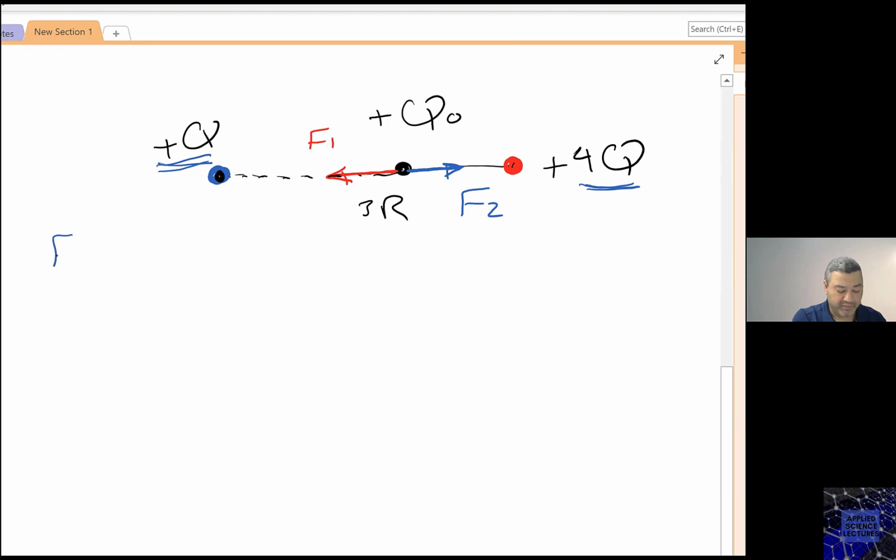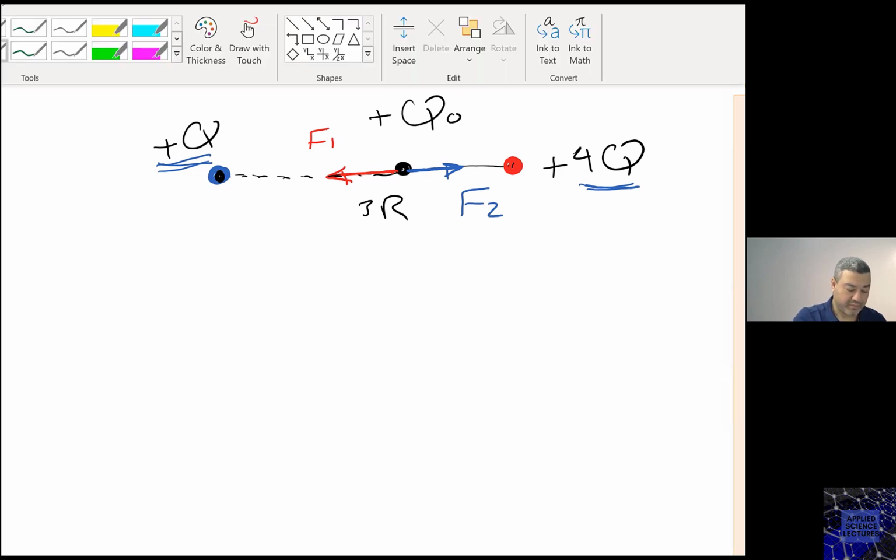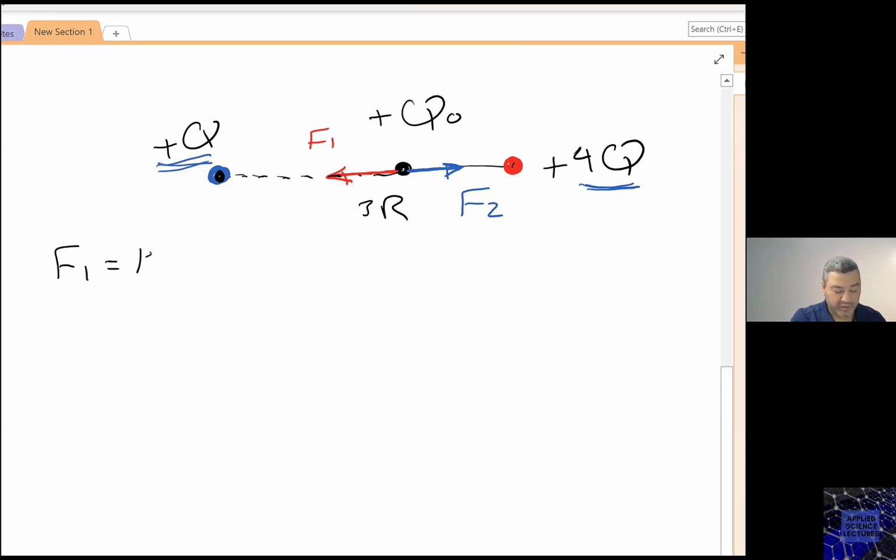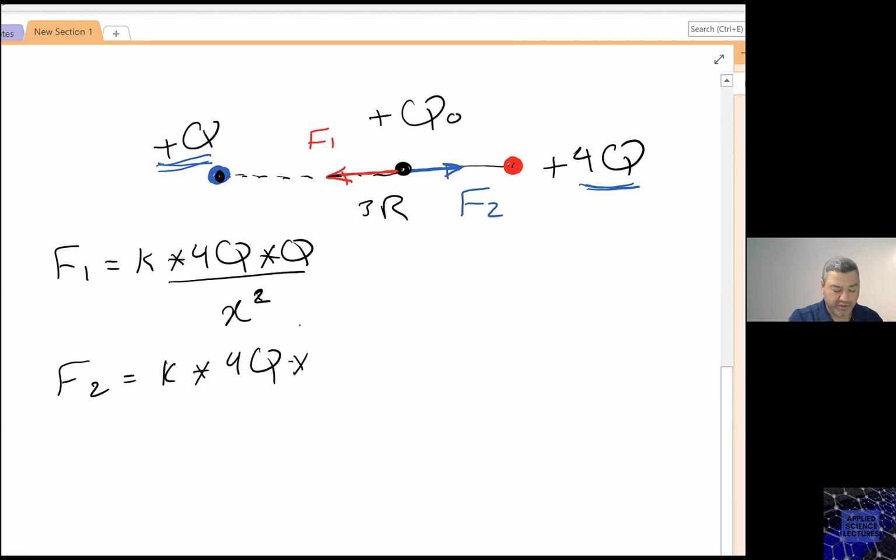If you take F1 to be K for Q times Q divided by the distance, which could be X squared, then F2 will be K times 4Q times Q naught divided by 3R minus X squared.